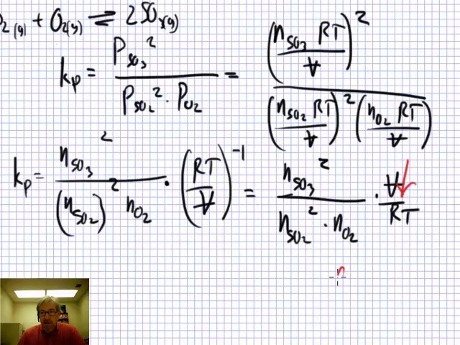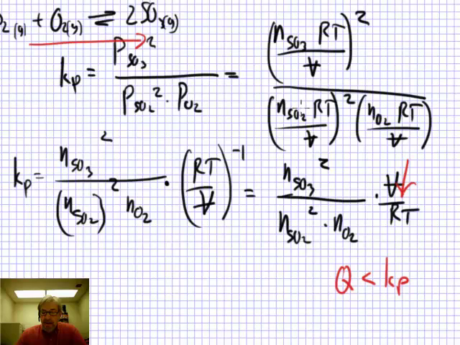Q is now less than Kp because I decreased the size of the numerator and the denominator stayed the same. How do I get back to Kp? Well, the only thing I can do is to decrease the denominator and increase the numerator. So that means the concentrations of my products go up and the concentration of my reactant goes down. So I'm going to see a shift from left to right, producing more product.